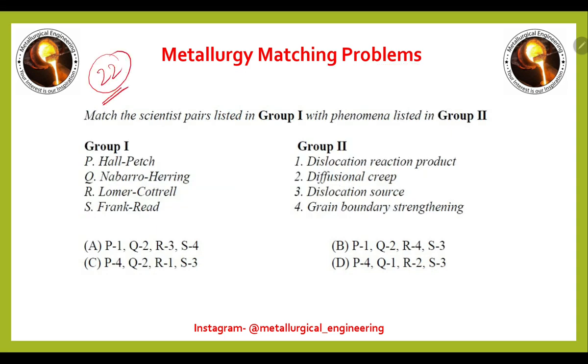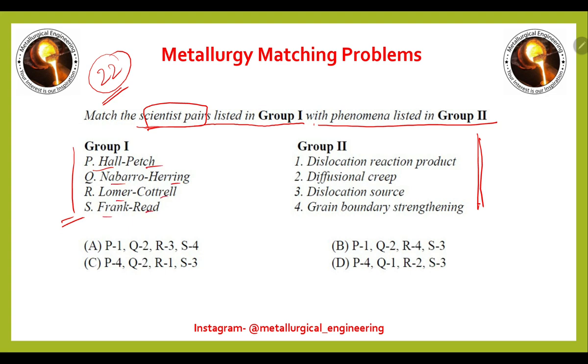This is the 22nd matching problem, and we will match the scientist pairs listed in group 1 with the phenomena listed in group 2. These in group 1 are the names of scientists. That's why it is called scientist pairs.